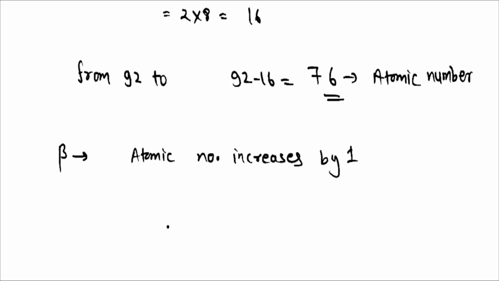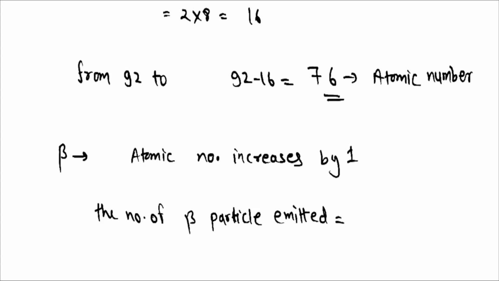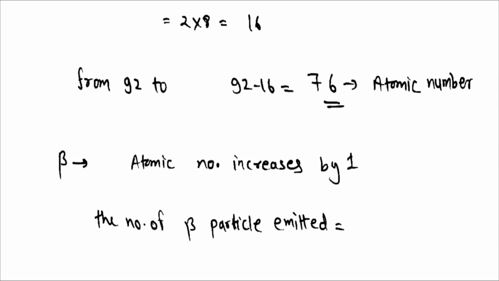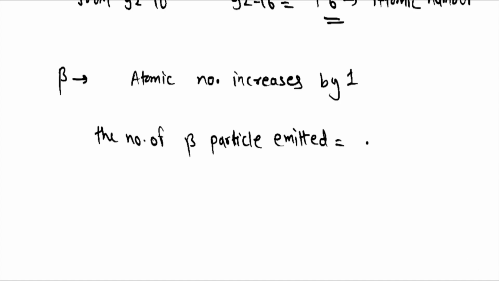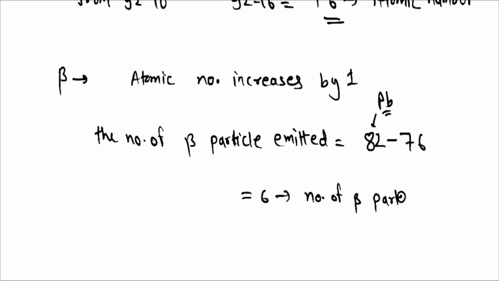That simply shows that the number of beta particles emitted can be found like this: at the last we have 76 as the atomic number, and the given final atomic number is 82 for Pb, which is our last product. So you just subtract the atomic numbers, 82 minus 76, which shows there are a total of 6 beta particles. This is the number of beta particles.